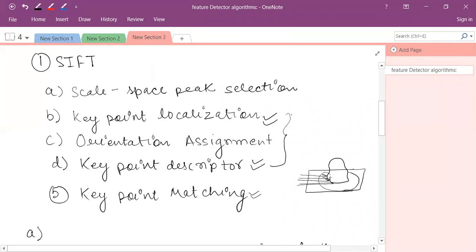In the key point localization, you just apply the Harris detector. But in the key point descriptor, you have to elaborate what type of information the point is giving. Like the key point gives you information about the rotation as well as the intensity. That is called the key point descriptor, and this descriptor is used for the key point matching.